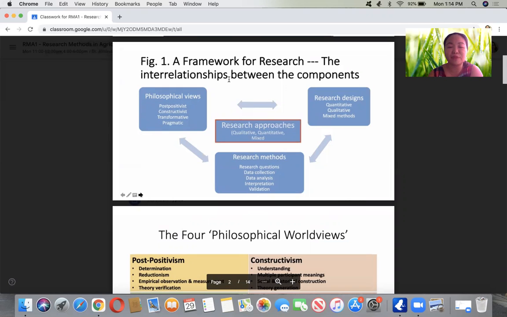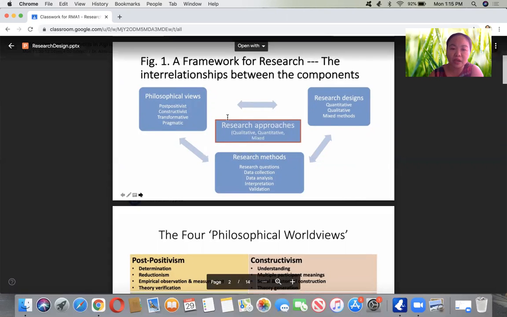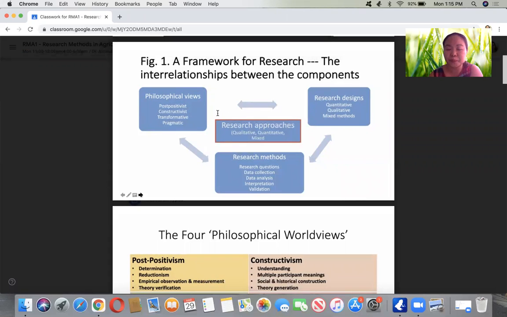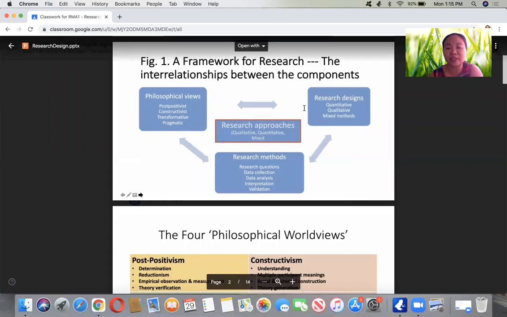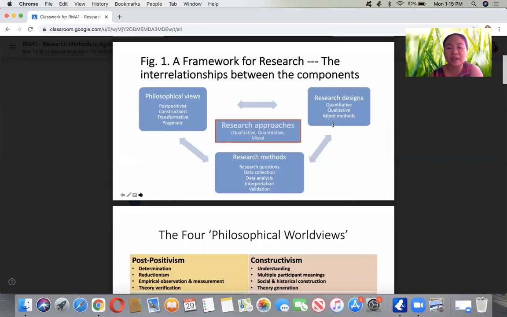In the framework of research, this figure shows the interrelationships between the components. There are 3 components here: philosophical views, research designs, and research methods.